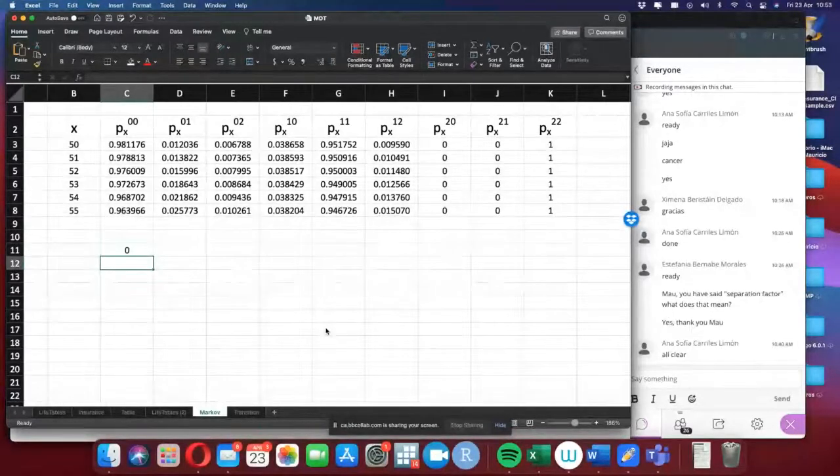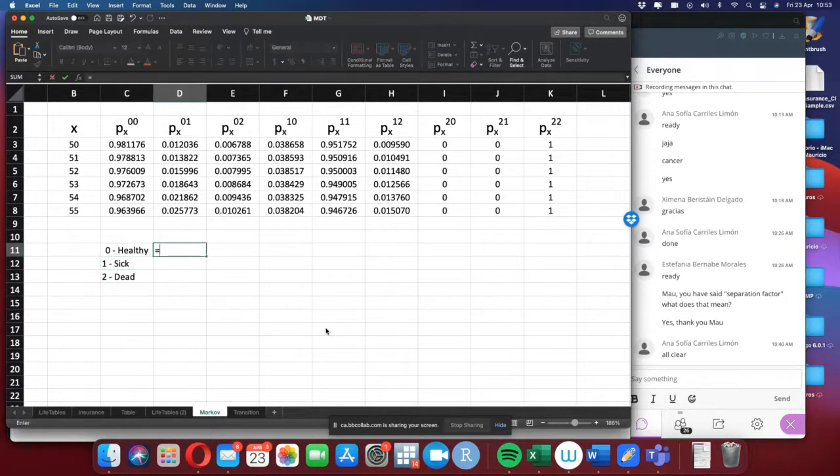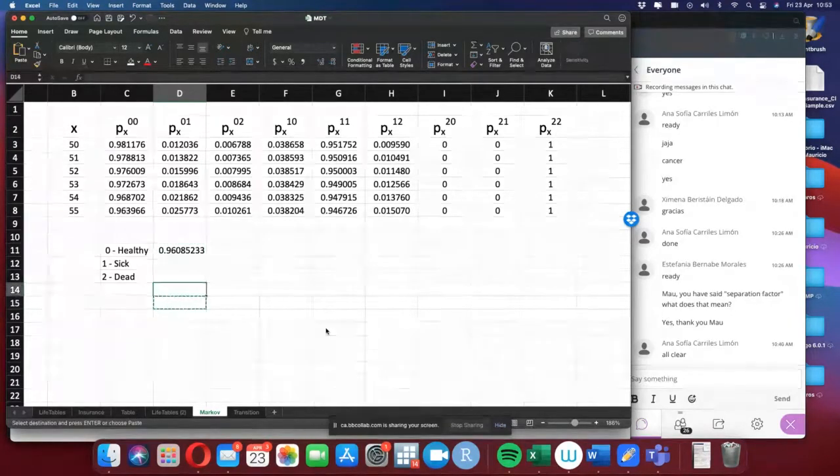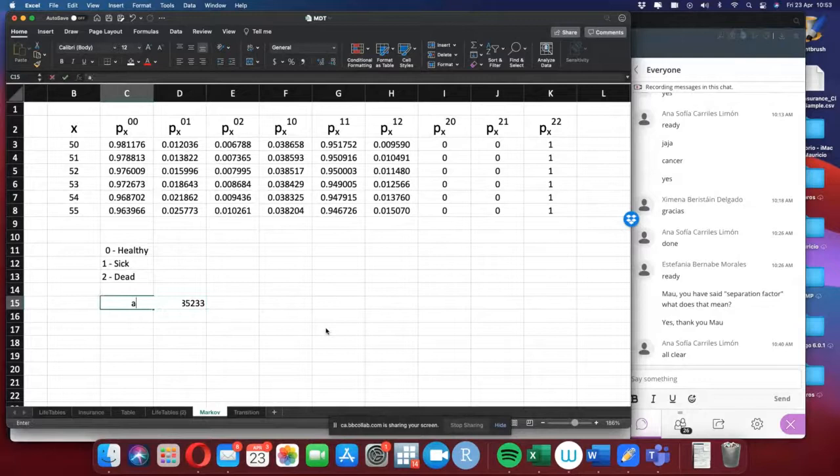Okay, so 0 is healthy, 1 is sick, and 2 is dead. So this was this times this plus somebody who's healthy and sick times somebody who's sick going back to be healthy. This is 0.9608.